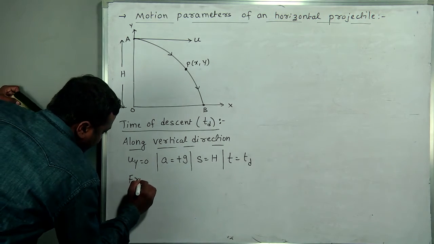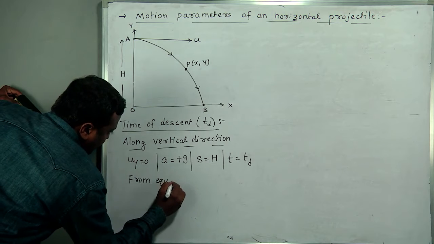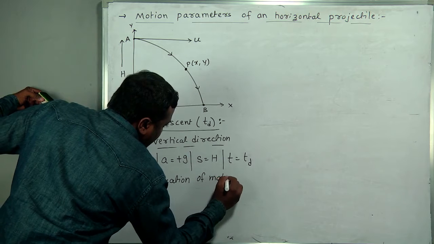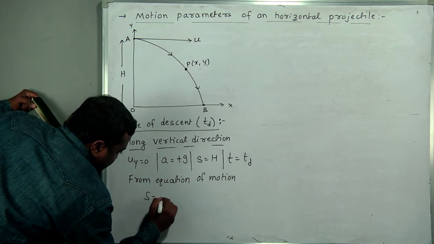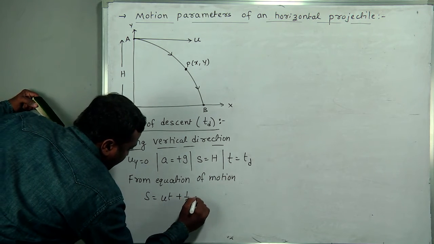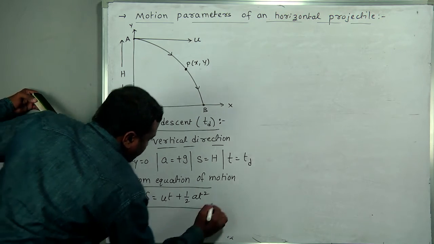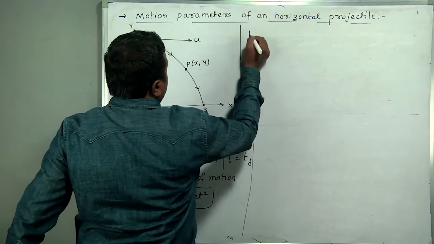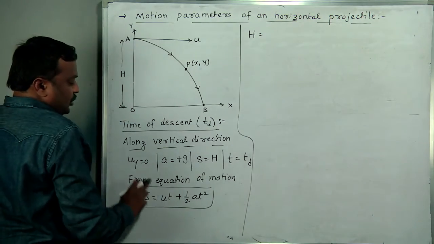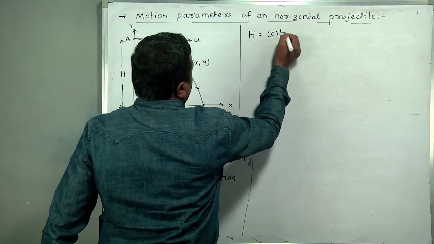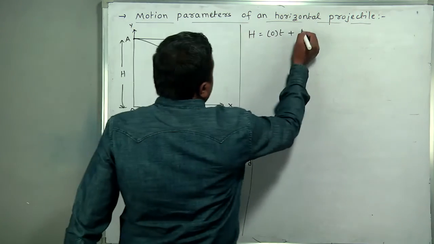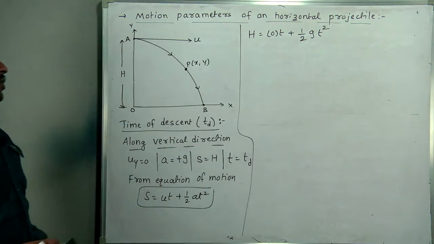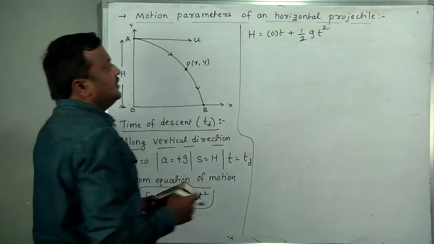Now from the equation of motion, S is equal to ut plus half at square. S is nothing but the height of the tower or body, so h is equal to u into t plus half g t square.